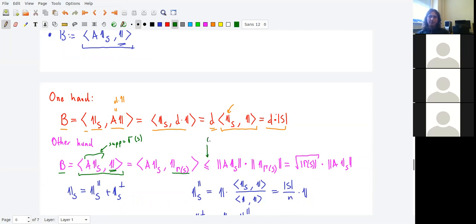Because now I can apply Cauchy-Schwarz to say that this is upper bounded by the norm of the first vector times the norm of the second vector. The norm of the first vector, let me so far leave as it is and not meddle with it. However, the norm of ones on gamma of S, this is the L2 norm of course, is nothing else than the sum of ones squared over gamma of S, and then take the square root. So this is just the square root of the size of gamma of S.